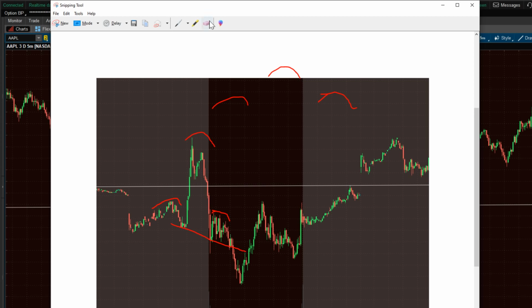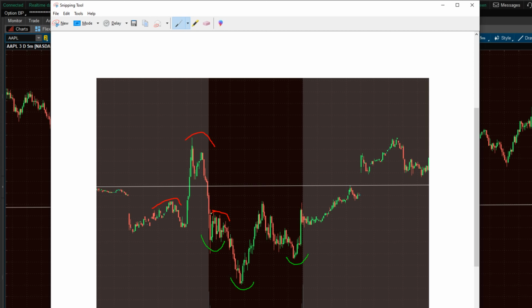Okay, let me back some of this out. And let me show you the bullish one. Okay, so we've got the left shoulder here, the head, and then the right shoulder here.